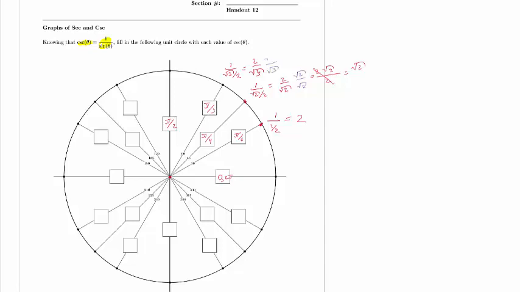So we write root 3 over root 3. And so we have 2 times the square root of 3 divided by 3. And then finally we get to pi over 2 up here. 1 over the y-coordinate. The y-coordinate is simply 1. And so we have a 1 up there.